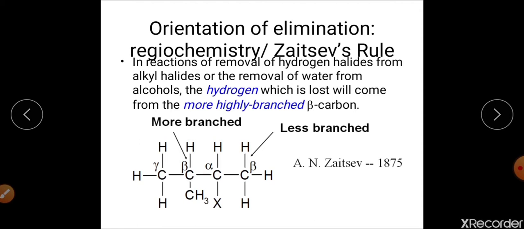Generally, when we talk about elimination reaction, there is a reaction on your screen.